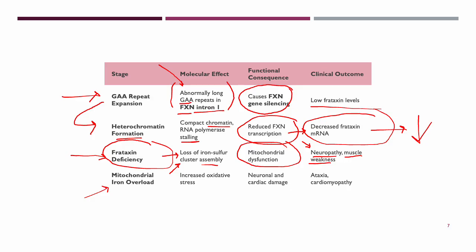And as iron will bind with available oxygen-derived species, we will have the production and increase of reactive oxygen species. And these increase oxidative stress. And this stress will lead to neuronal and cardiac damage. Clinical outcomes will be ataxia or cardiomyopathy, for example.